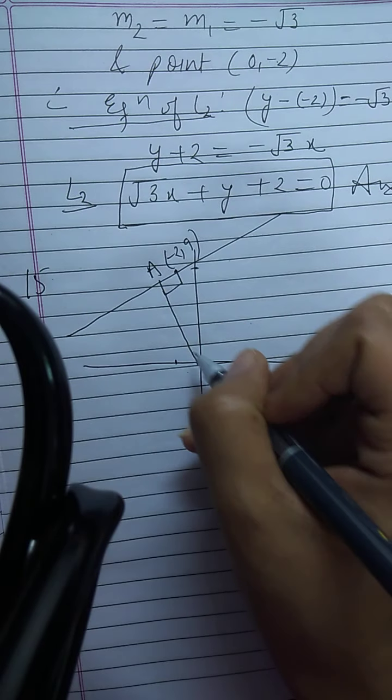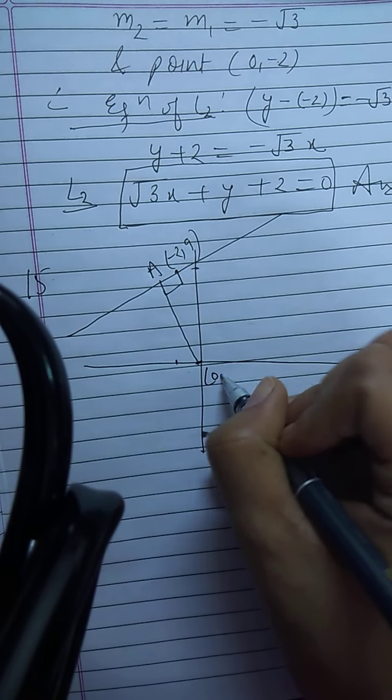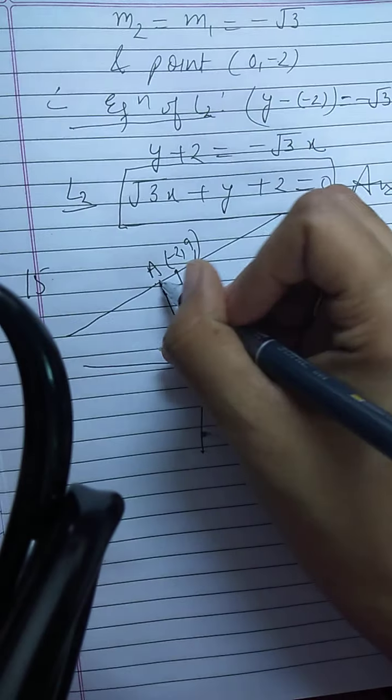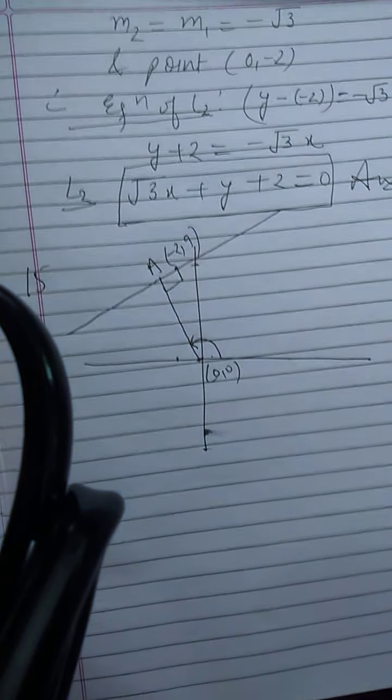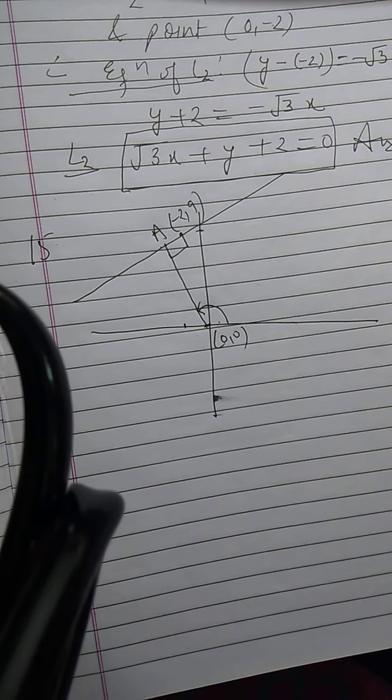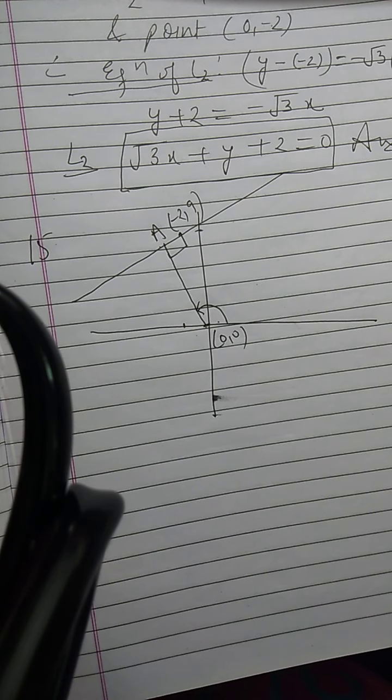And the angle, if this is the origin, this distance we have to calculate, we must know the angle. Why so? What are we supposed to find? We have to find the equation of a line, where the perpendicular from the origin to the line meets it at this particular point.